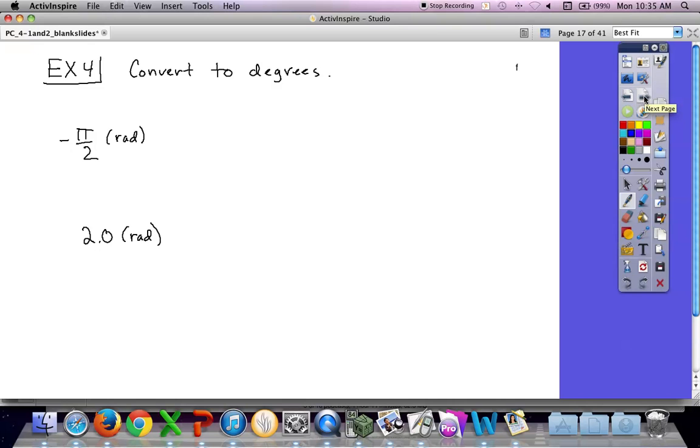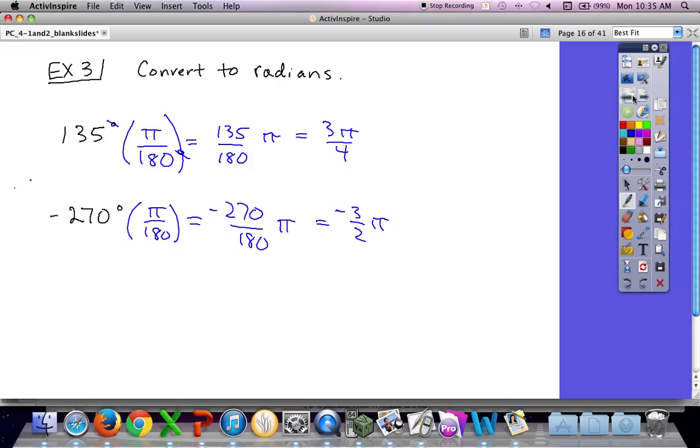Okay, now when you go from radians, negative 270 over 180. But why is it in the numerator in the first one and outside? In both cases, it is in the numerator.